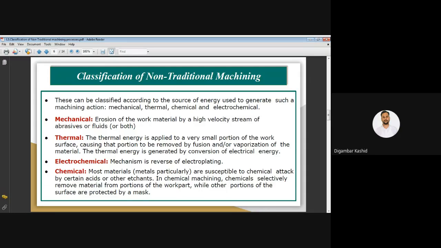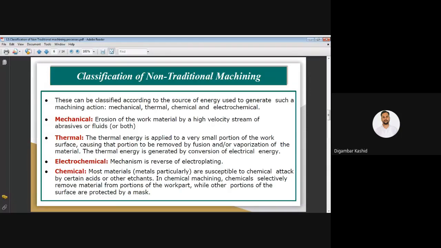Okay, now next is electrochemical energy based processing. Now what does electrochemical mean? It is simple. Here electrochemical dissolution is done, and due to that electrochemical dissolution, material removal will happen.